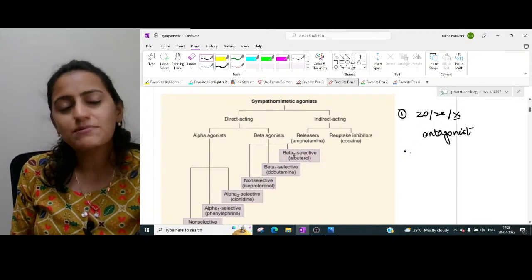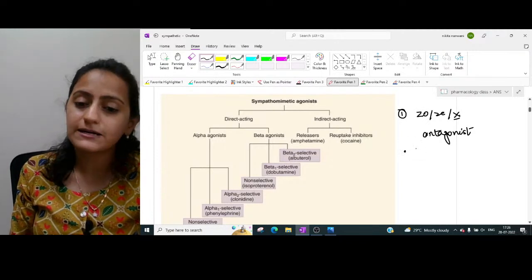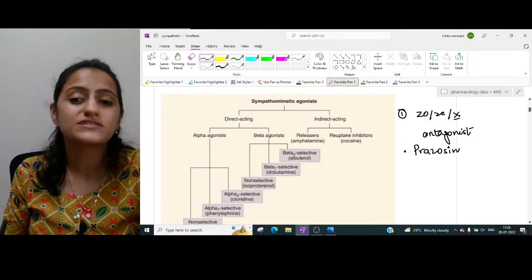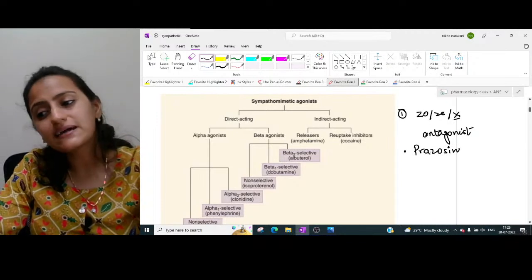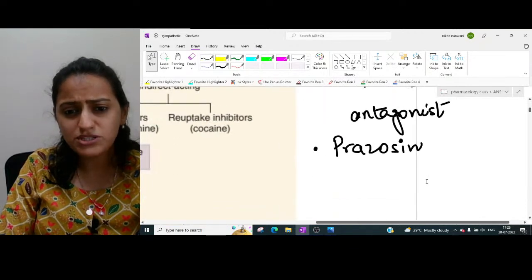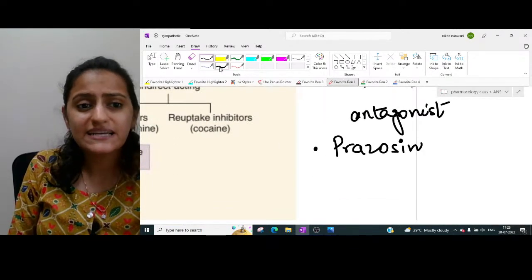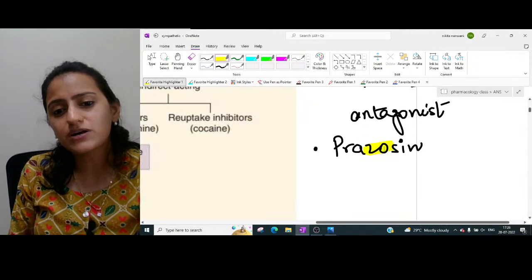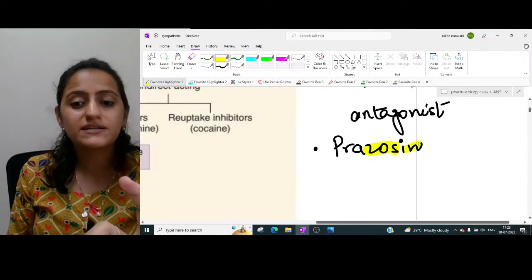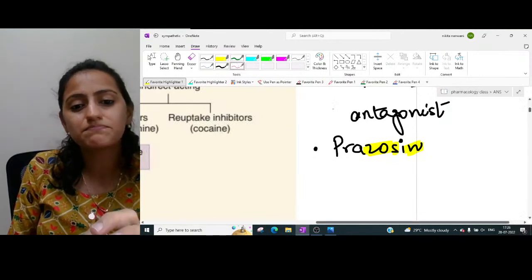For example, prazosin. We tend to get confused about the drugs themselves and what their action is. When I say prazosin, the Z tells you it is doing a zero action, and the S tells you it is doing that to the sympathetic system. It is inhibiting the sympathetic system.